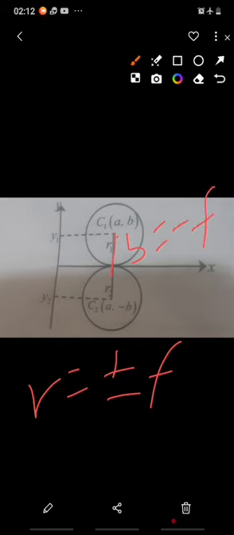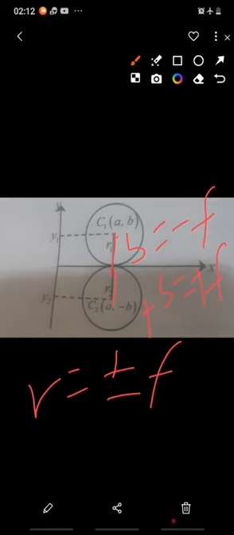And from the same point, going the other way, it becomes negative b, which is also negative f. So b will be either negative f or positive f, depending on the direction they are moving.